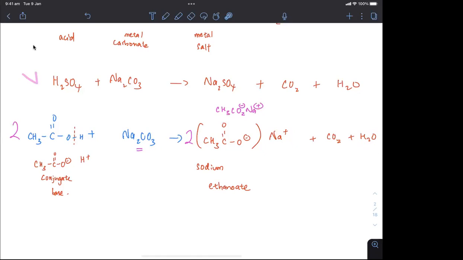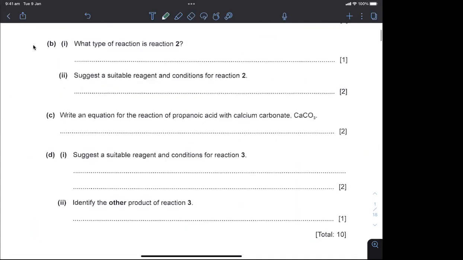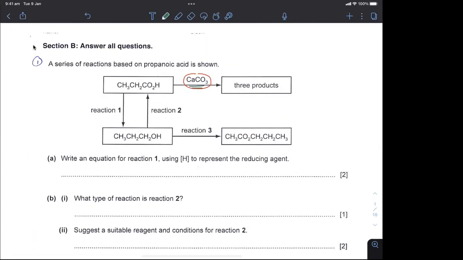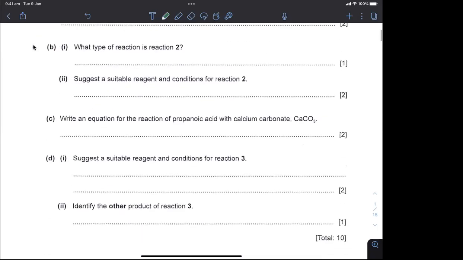Now, this question above was very tricky because they asked you about calcium carbonate. Calcium carbonate consists of Ca2+ and CO3 2-. So when they ask you for this equation of propanoic acid with calcium carbonate, you're going to draw propanoic acid first, CH3CH2CO2H, and then react that with the calcium carbonate.